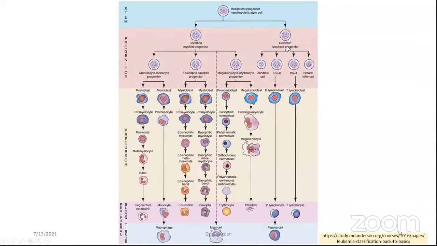On the other hand, the common lymphoid progenitor gives rise to the lymphocytes, either B or T. Each of these divides and matures into cells known as blasts, one for each cell line, which then divide and differentiate into different subtypes.